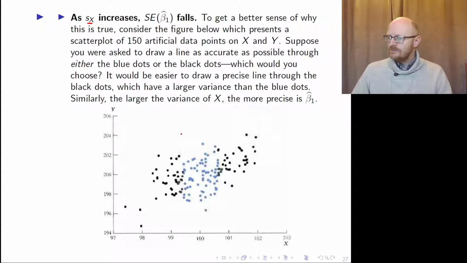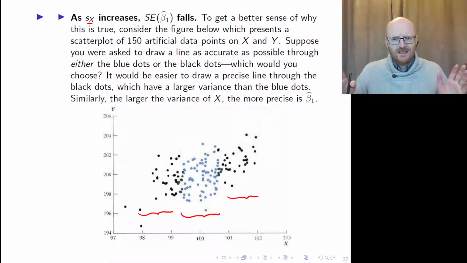And just to get a visual intuition of this, you can see that if you have these blue dots in the middle, they have a low standard deviation, right? Whereas the black dots have a larger standard deviation.